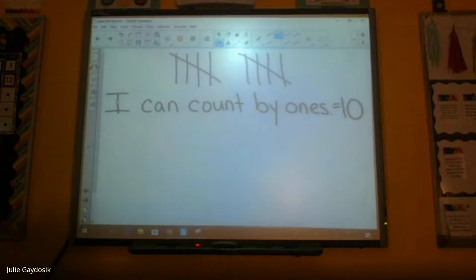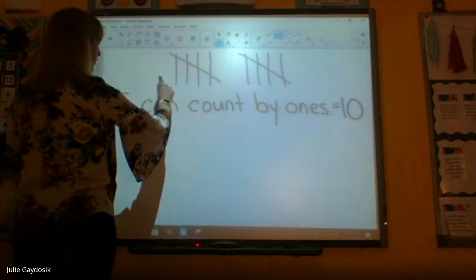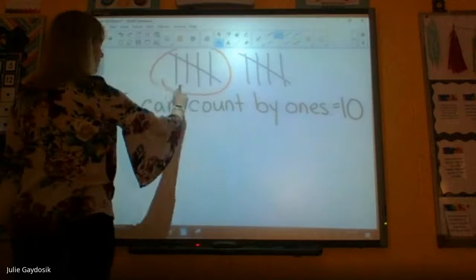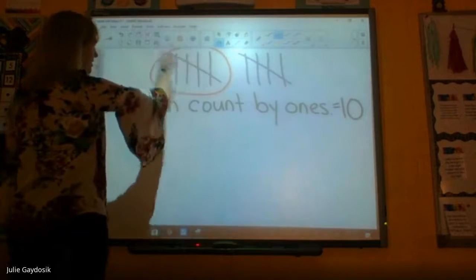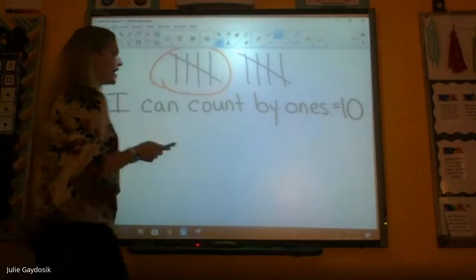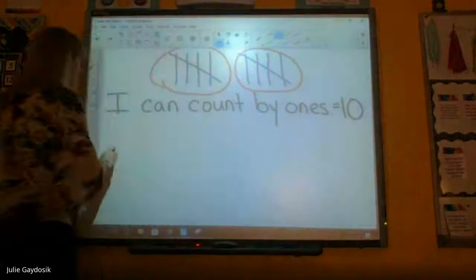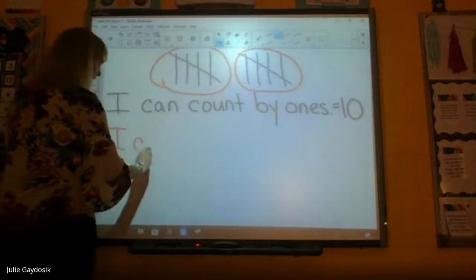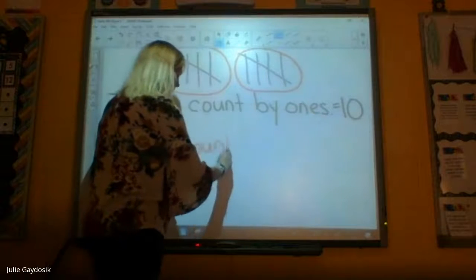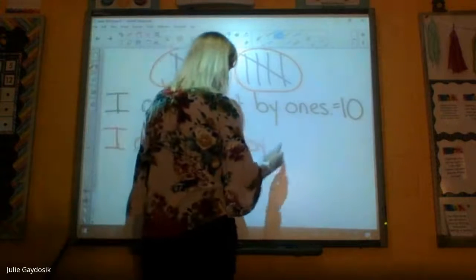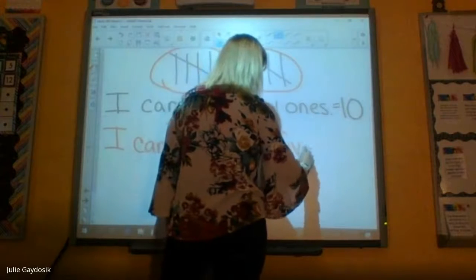Another way I thought of is I know by looking at these tallies that this group right here is a group of 5, because when I see the 4 lines going down and the diagonal line through it, that's a group of 5. Well, this is the same thing, so it's also a group of 5. So I can count by 5s.